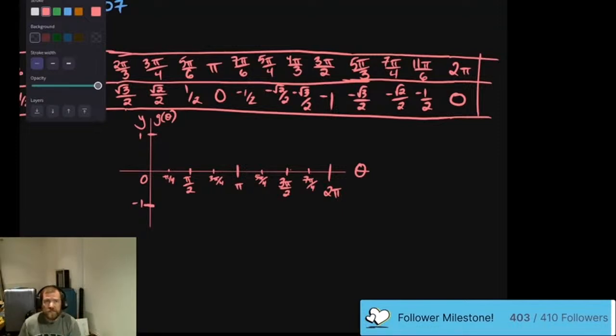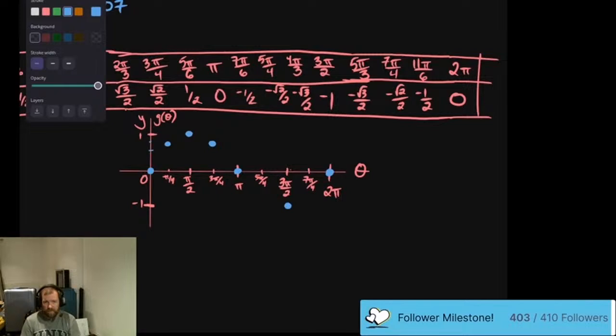And again, with these, now I want to graph 0, 0. And again, 2 pi, 0. Now we've also got pi, 0. And then we've got pi over 2, 1. And 3 pi over 2, -1. Followed by pi over 4 and 3 pi over 4, which have our 0.707 values. So this is up here. This is up here.